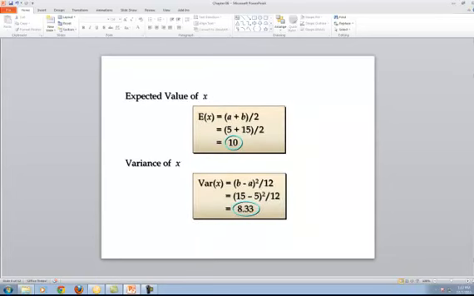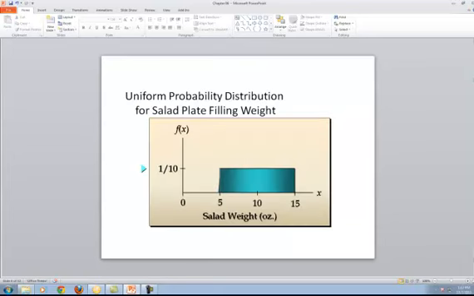Hence, its expected value will be 10 and its variance will be 8.33, where we just plug in 15 and 5 into the relevant formulas. And this is the probability distribution depicted graphically.